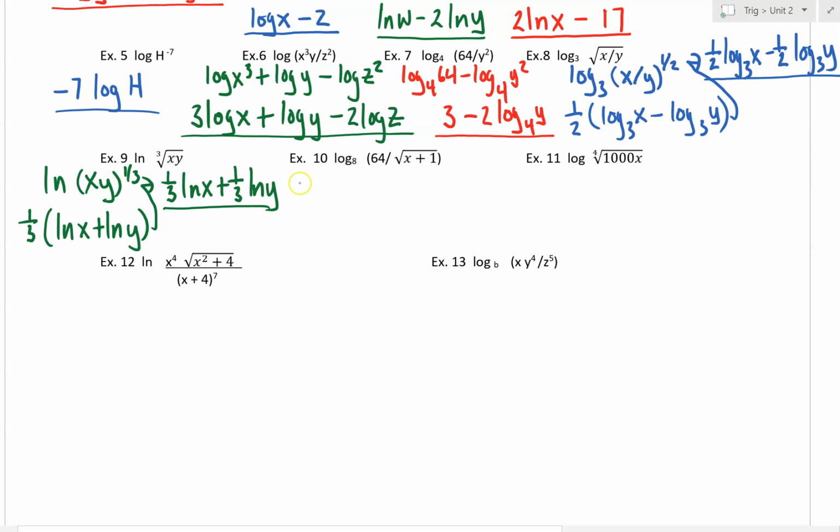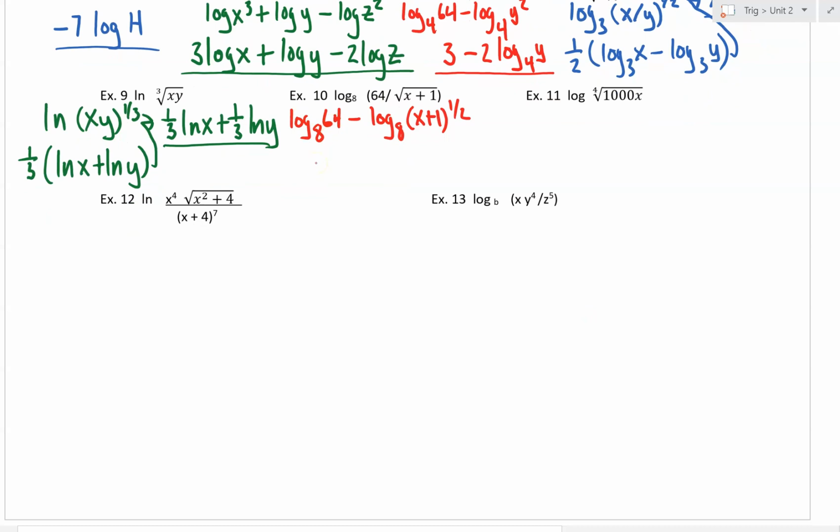When I write this out, it's going to say log base 8 of 64 minus, now keep in mind the half is only applying to the denominator part, not to the numerator part, log base 8 of x plus 1 to the 1/2 power.